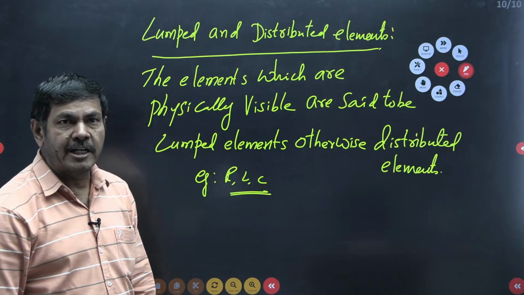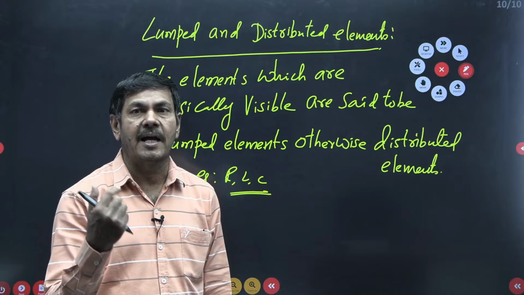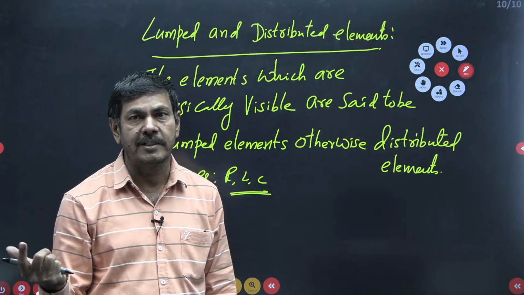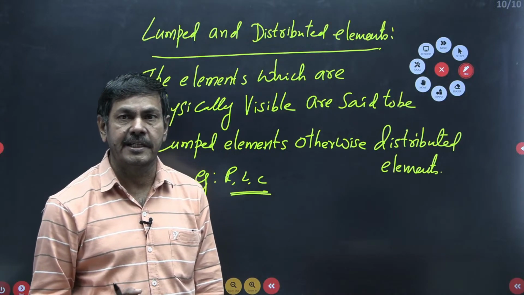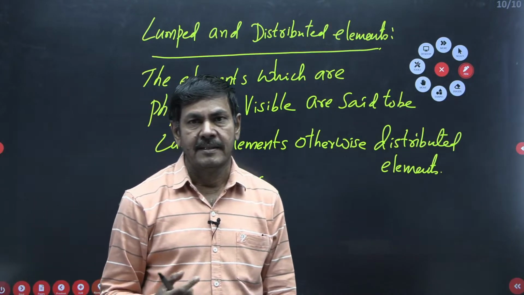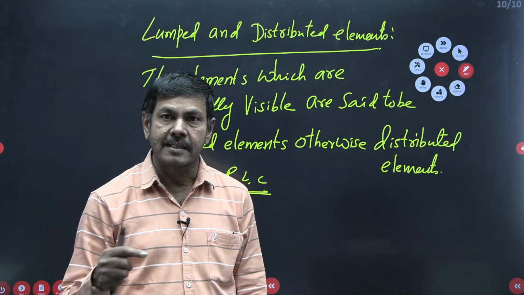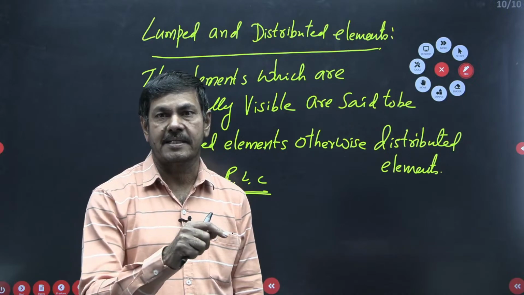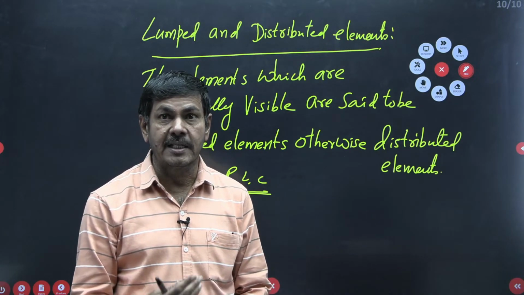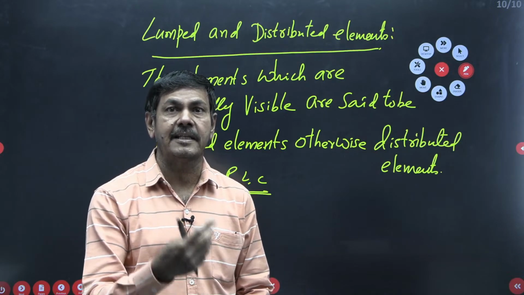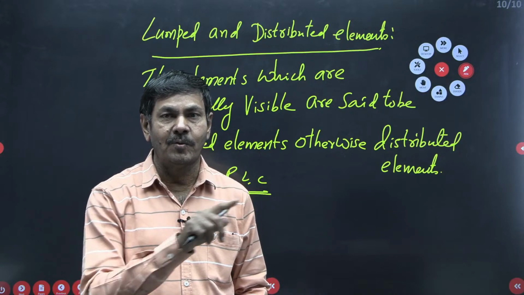What about distributed elements? The elements which are not physically visible to the eyesight are called distributed elements. For example, take transmission lines. Any transmission line internally has resistance, inductance, and capacitance. If anybody asks you to show the resistor, inductor, capacitor in the transmission line, we cannot show them physically, only with a diagram.